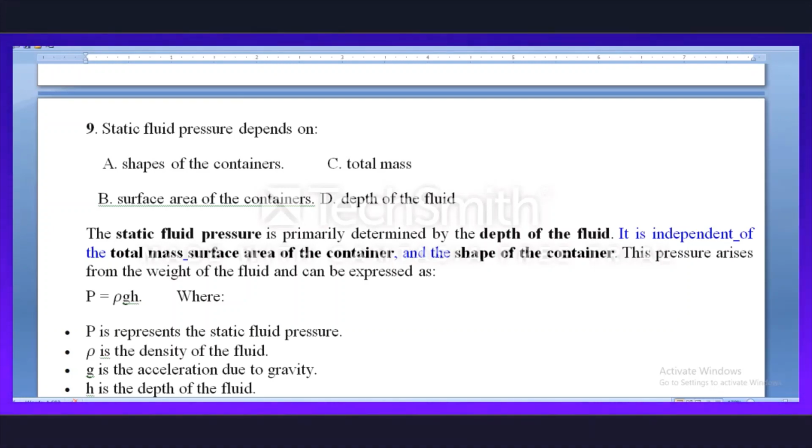When we come to the idea of this problem, the static fluid pressure is primarily determined by the depth of the fluid. It is independent of the total mass, surface area, and shape of the container.